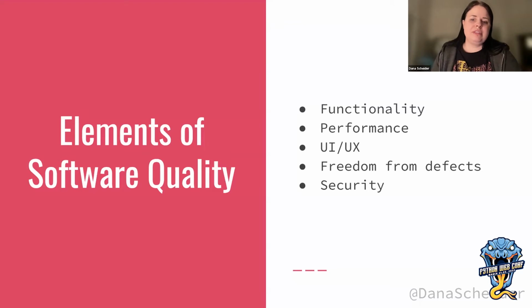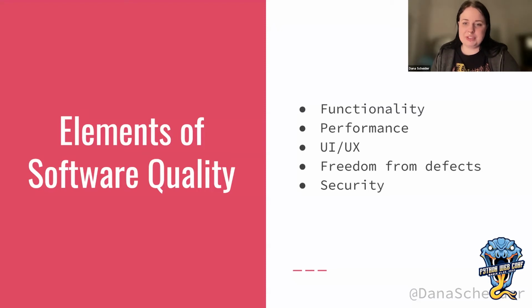So there are several elements of software quality from the perspective of end users, and I have left out maintainability and certain technical considerations like that. The main ones are the functionality. Does the app do what it's supposed to do? Performance, does it do it quickly enough?